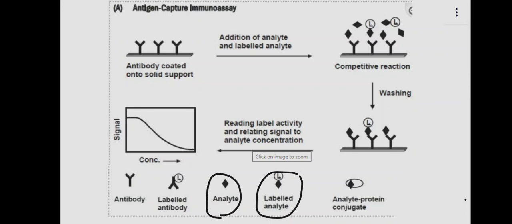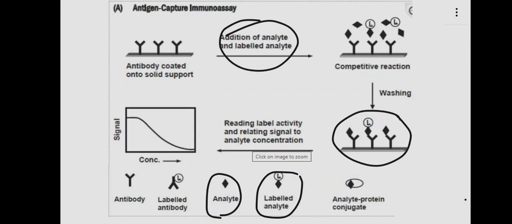So the first step, we are adding a mixture of these two, the analyte and the labeled analyte. For the labeled analyte, we know how much is present. For the analyte, we don't know how much is present. So depending on the relative proportions, they will bind by those relative proportions to the bound antibody.